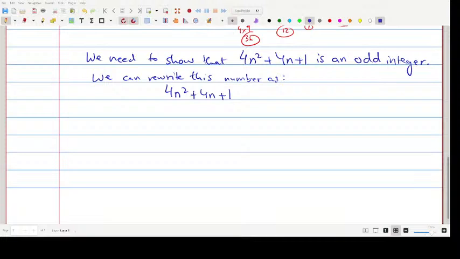We just need to now take 4n squared plus 4n and write that in such a way that it is 2 times something. Okay, let's try it out. So what I'll do is I'll write plus 1 on the side, keep it aside. 4n squared. So can we take out a 2 from here? Can I write 4n squared as 2 into 2n squared?